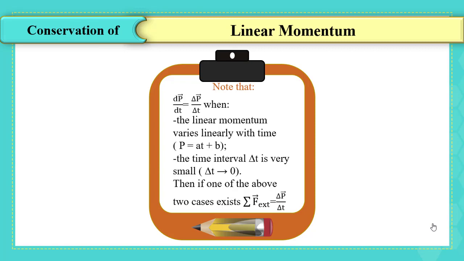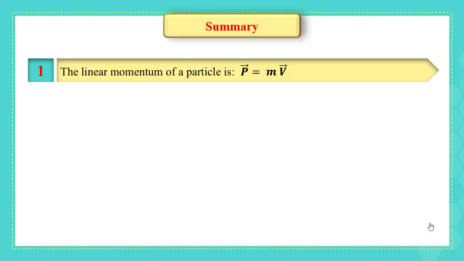Also, if the time interval delta t is very small, then delta t goes to 0. Then if one of the above two cases exists, the sum of F external can be written as delta P vector over delta t.